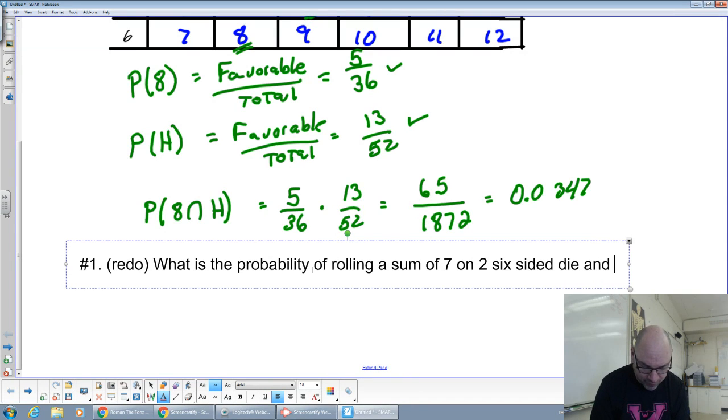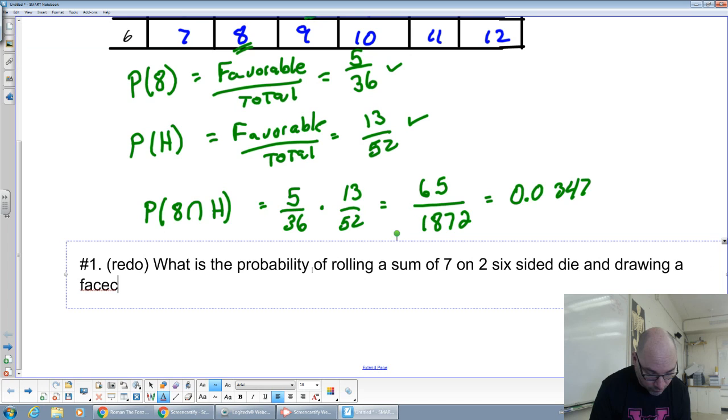And meaning multiply, and drawing a face card from a deck of 52.